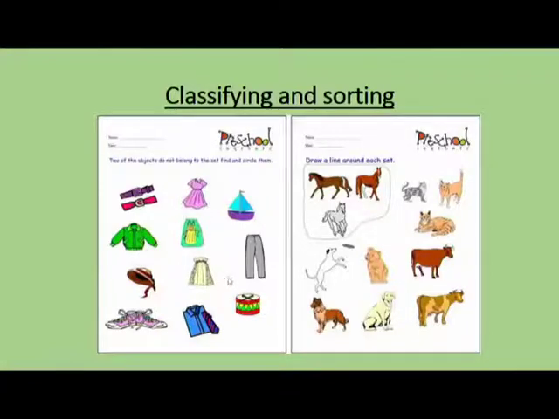They group all these other items together as clothing. This side, we have some horses here, we have some cats there, we have some dogs and some cows. So the learners just encircle the ones that belong together. These are activities that I can do to help my learner with grouping.